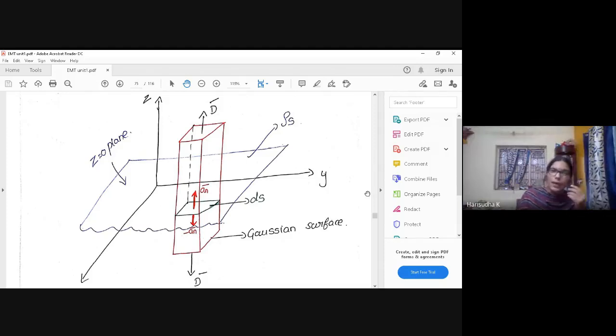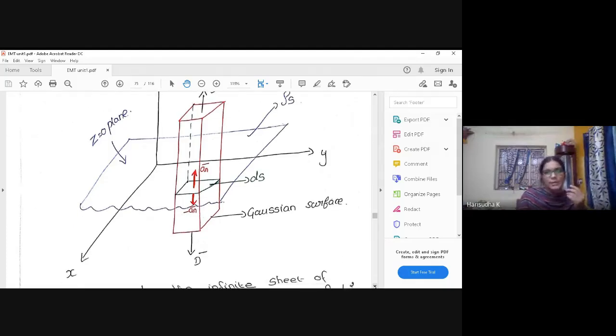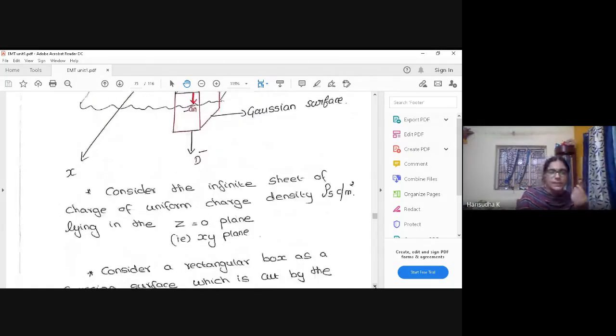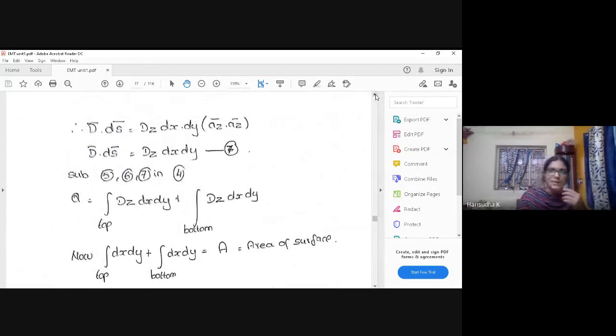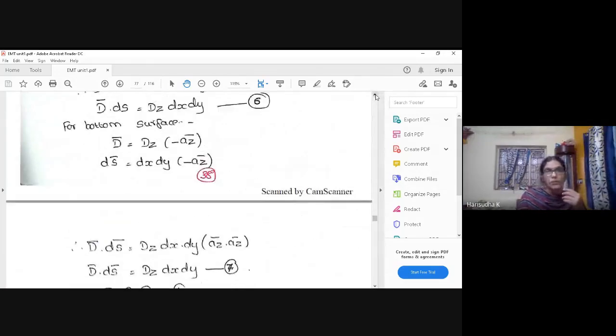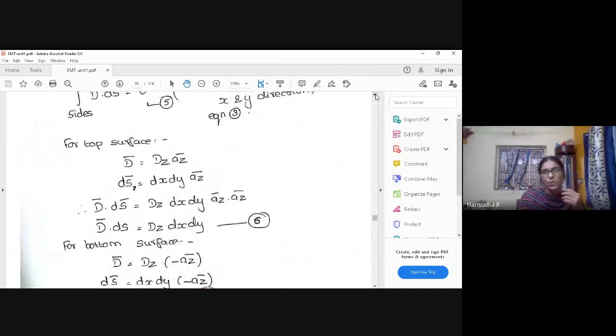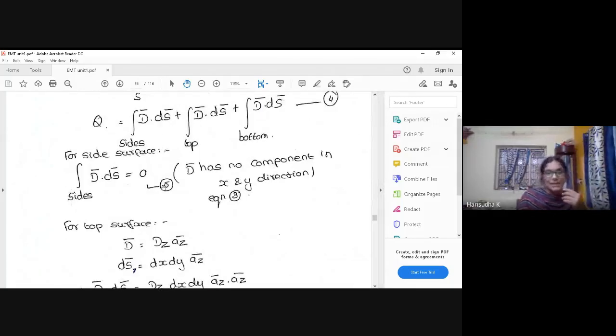As I said, they are perpendicular to each other. So your electric flux density is pointing towards positive z axis and negative z axis. Therefore, the assumption we have taken is that the infinite sheet of charge is present in the xy plane and is nowhere related with the z axis. Therefore, for the sides, D dot dS will be equal to 0. That is, D has no component in the xy direction.